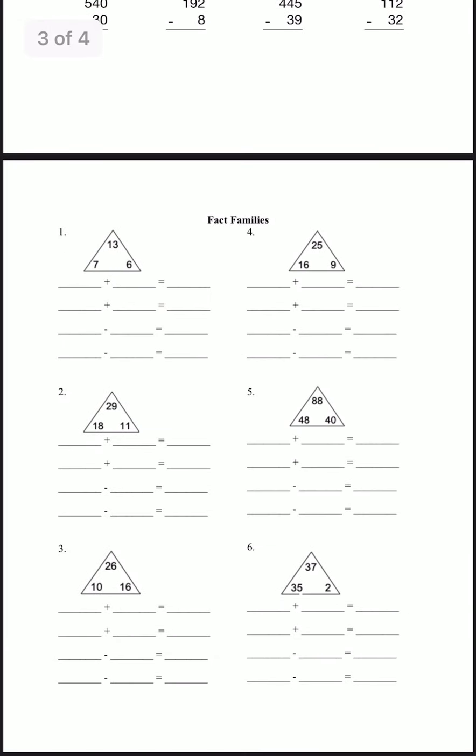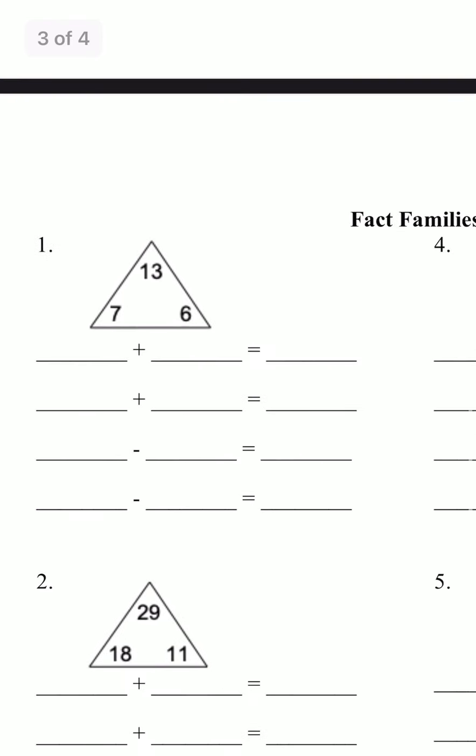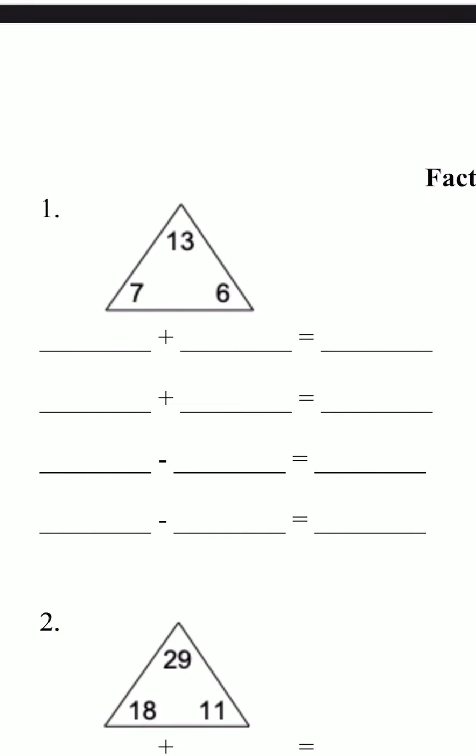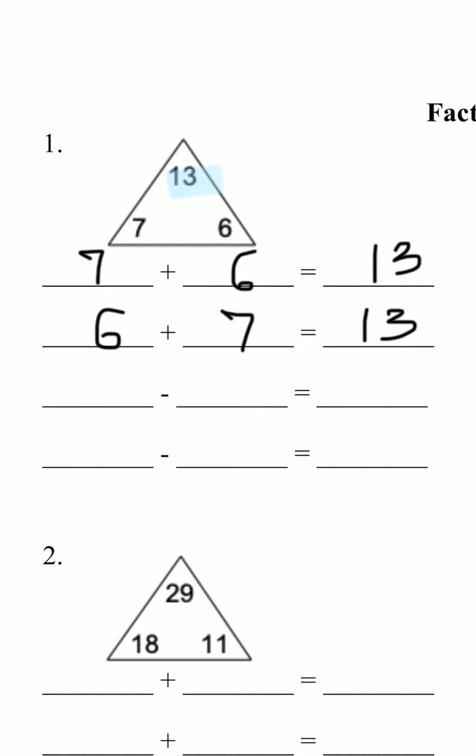Now let's move on. Let's try number 1. Fact families, okay? So our biggest number is 13, right? So it's going to go over here, 13, 13. And so 7 plus 6 is 13. And if you change it, 6 plus 7, it's still going to be 13, okay? So now we're going to have to subtract from the biggest number, 13 and 13, right?